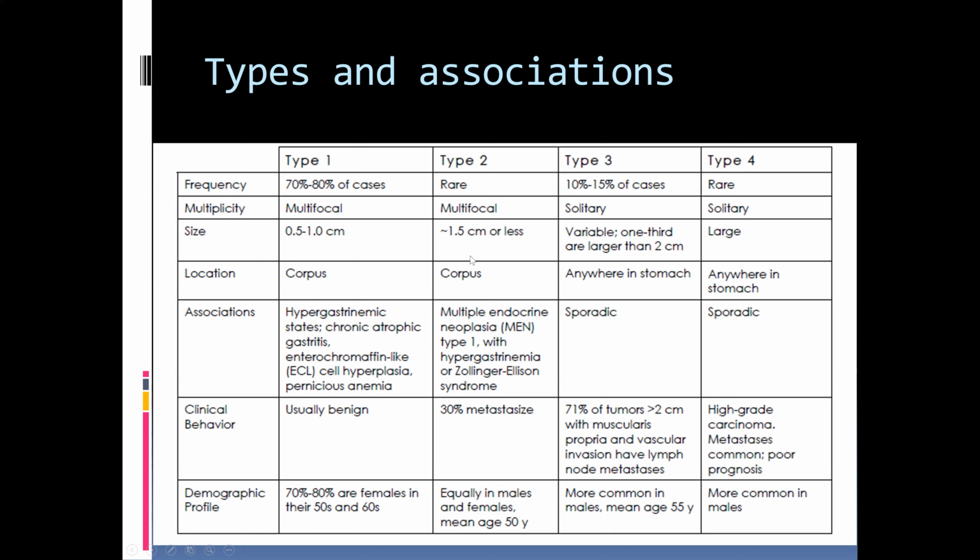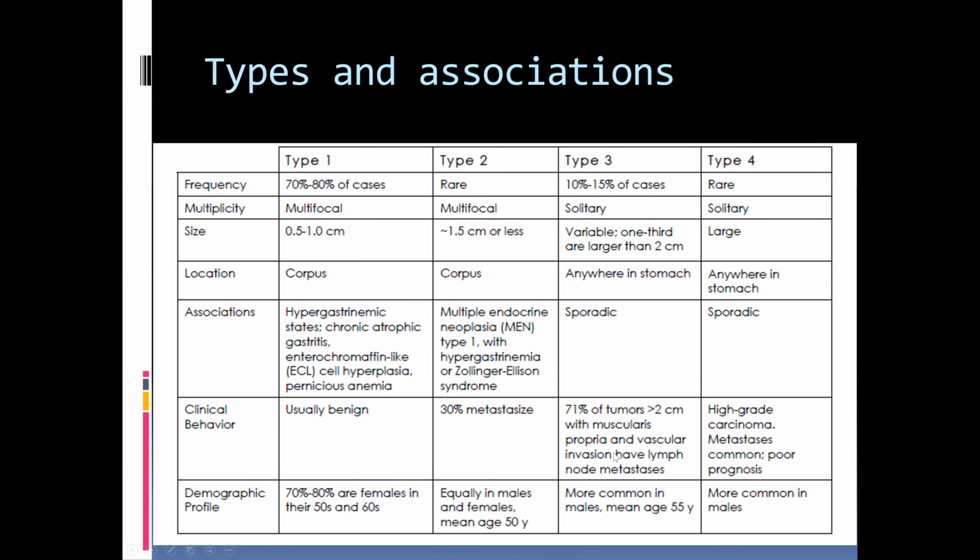1 or 2 centimeters. Type 3, I think these are the ones that I encounter more frequently, but these tend to be solitary, single lesions, and oftentimes a little bit larger, a little bit more likely to be invasive, and a little bit more frequent in males.